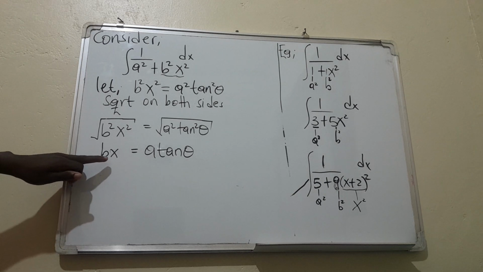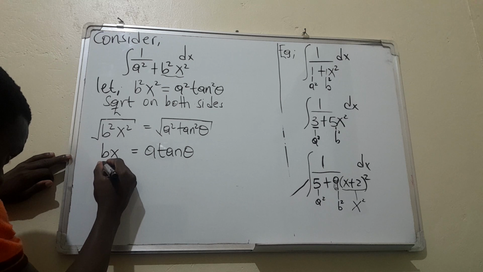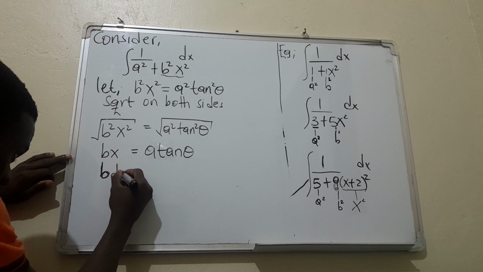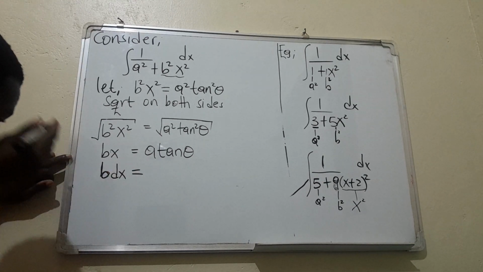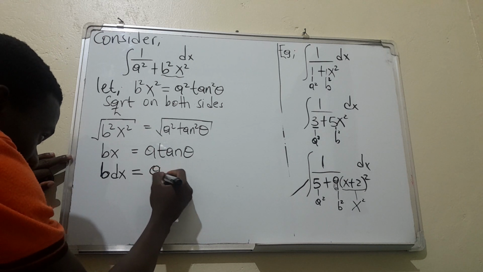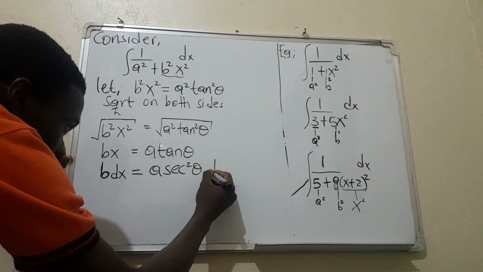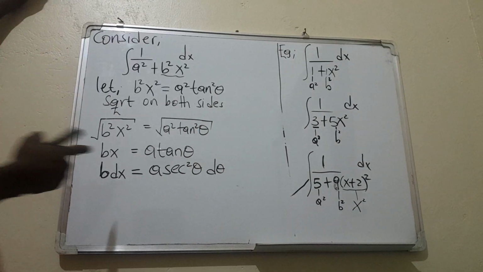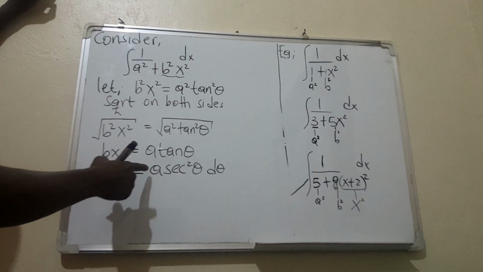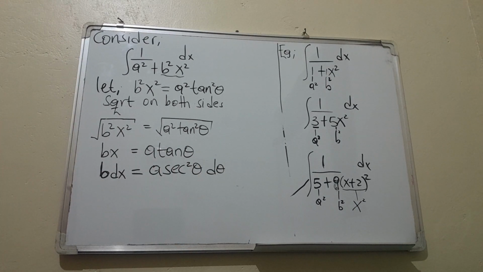If I differentiate bx, I will get b, differentiated with respect to x. This is equal to, differentiating this side, a sec squared theta, differentiated with respect to theta. When you differentiate tan, you get sec squared.